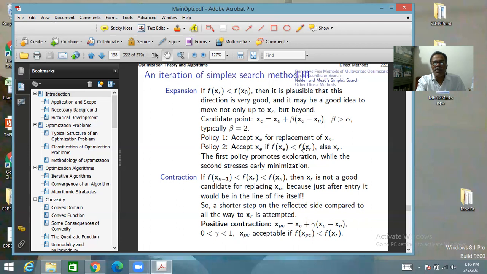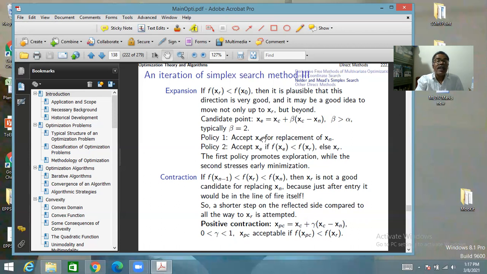Now you will be tempted to use this policy, but both policies have their advantages and disadvantages. Mostly, I mean, there are different priorities. This policy expands the size of the simplex. Okay, that is why it is called expansion. So in the initial iterations, it helps you to bring more and more region of the search space under your search quickly.